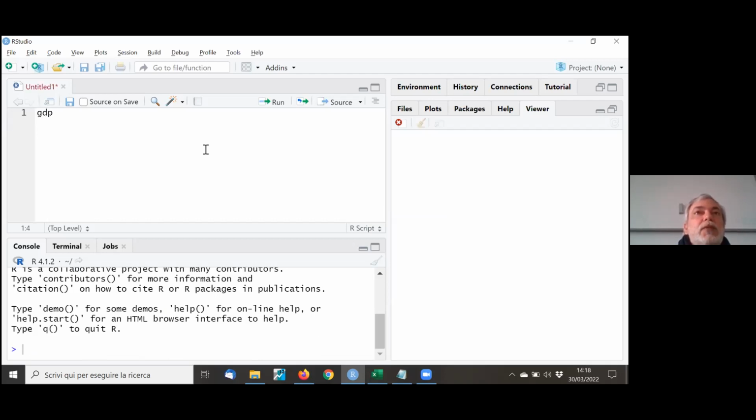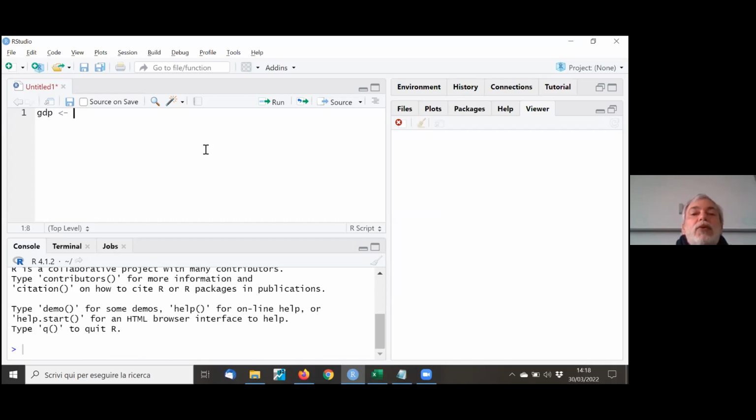GDP with the assignment operator. Then numeric. There are many ways actually to do this. Marco Passerella always does this with matrices, because it allows scenarios. Every column will be a variable, then you can also add different scenarios, but we can do it simple. So numeric.